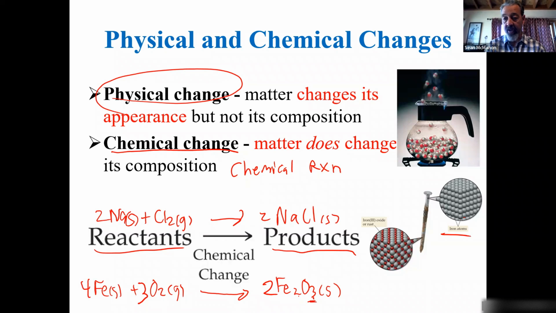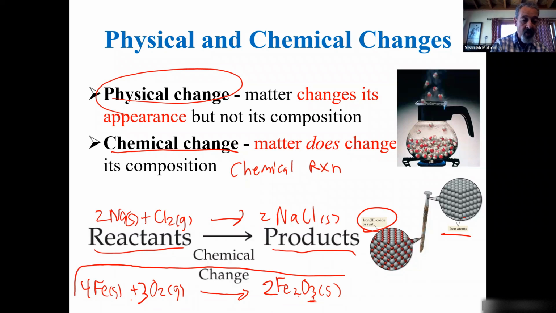I could say iron atoms oxidize in the presence of oxygen to produce iron 3 oxide, or I could use chemical formulas, which are really symbols of the reaction, and then use the coefficients, those are the numbers in front of the formulas, to make sure that I have the right number of each type of atom.